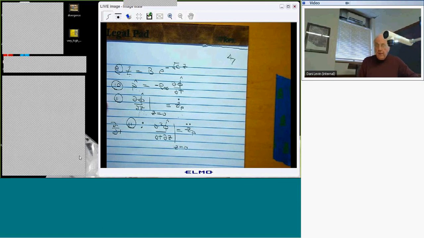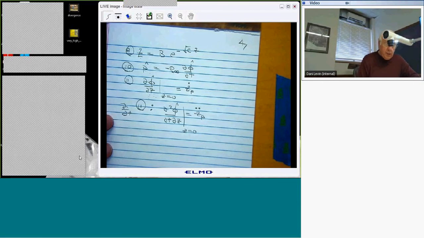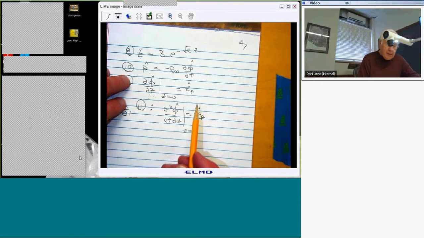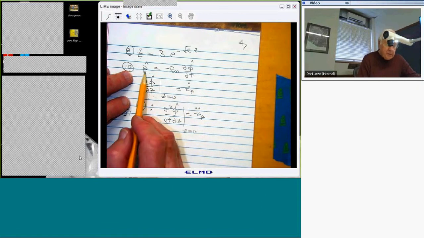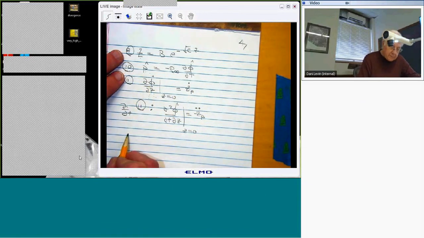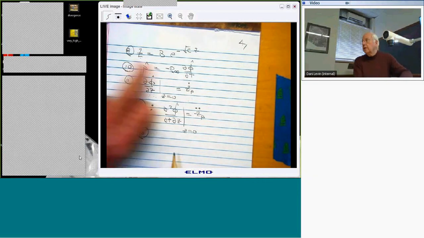Now, why would I want to do that? Well, now you see, I can differentiate 10 with respect to z because we haven't set z equal to any particular value, right?